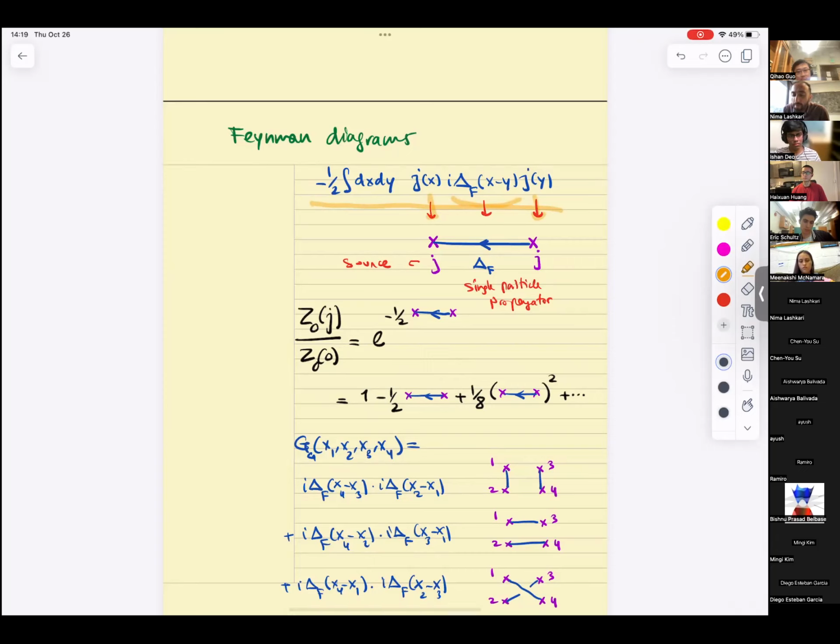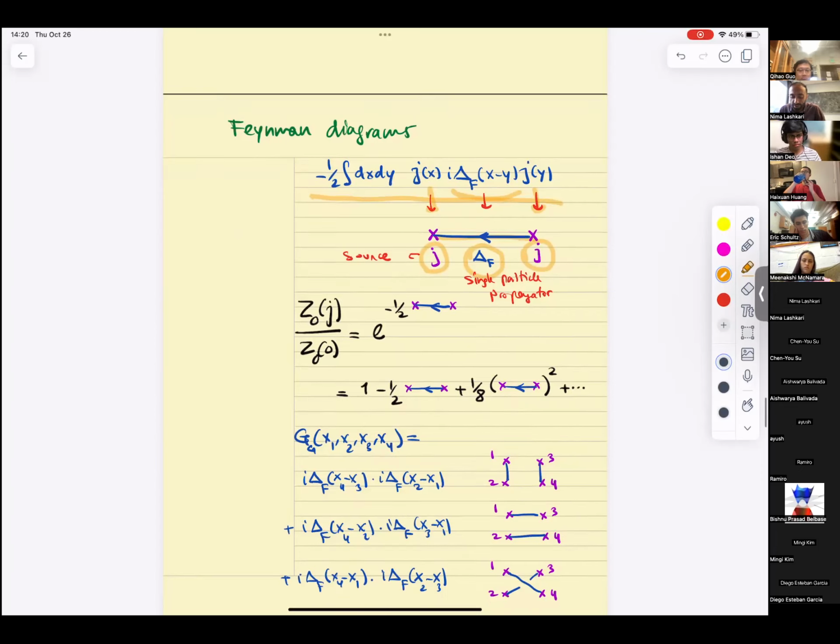And this Feynman propagator, previously the free propagator where I was just drawing a line and calling it K0, is now Delta F. This is the Feynman form for it. This is a single-particle propagator, because we're dealing with a multi-particle theory. And there are 2 sources. This is the same old picture that we were drawing in our perturbation theory.